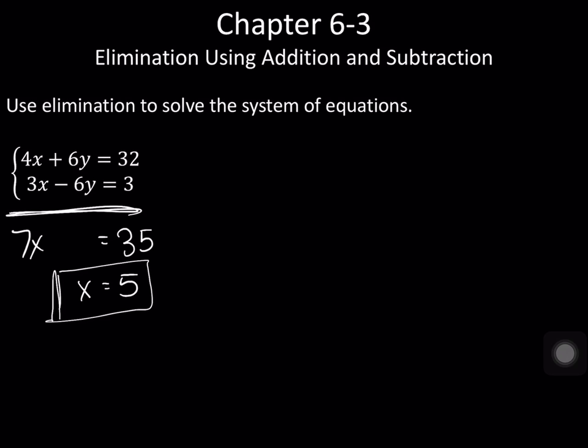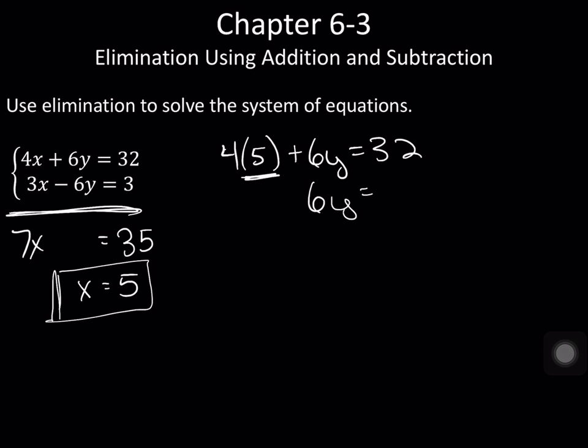Step 3 is to take x equals 5 and plug it back into either of those equations to figure out what our y value is. It doesn't matter which one, you just pick one. We'll go with the top one. So 4 times x, which is 5, plus 6y equals 32. Okay, so here we go. Let's solve this. 4 times 5 is 20.